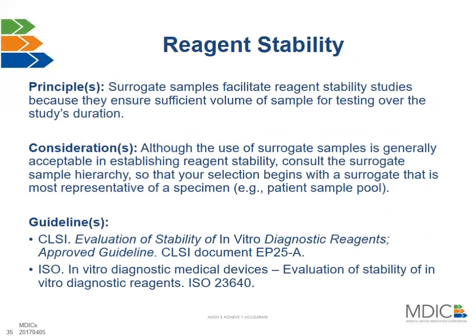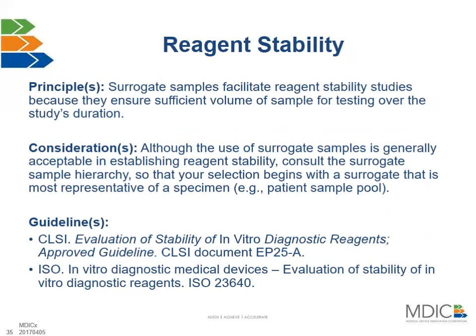Similar to other areas where the use of surrogate samples is generally recognized, the reagent stability information acknowledges this point, and it also illustrates the use of the hierarchy and the stratification process contained within the hierarchy as a means to select the appropriate type of surrogate.